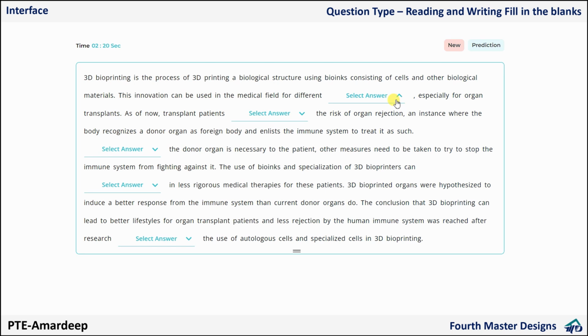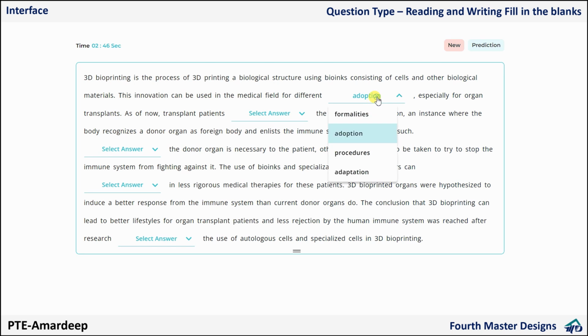That's a very basic and important rule. Whatever other rules are there, they are not that important. And the best way is practice. If you answer anything incorrectly, try to find the reason why your word is incorrect. Let's say I'm selecting this one, and after submitting it I get to know this is incorrect.